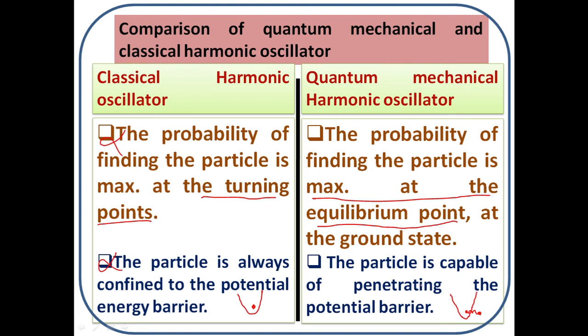Therefore, the quantum mechanical particle is capable of penetrating the potential energy barrier. These are the four main differences between a quantum mechanical harmonic oscillator and a classical harmonic oscillator.